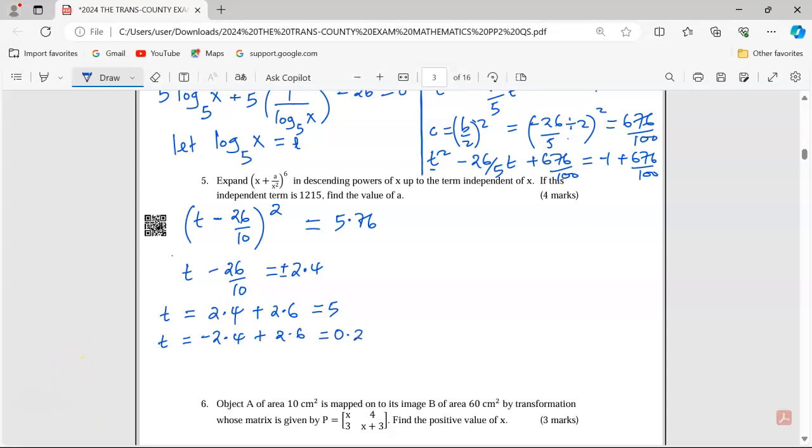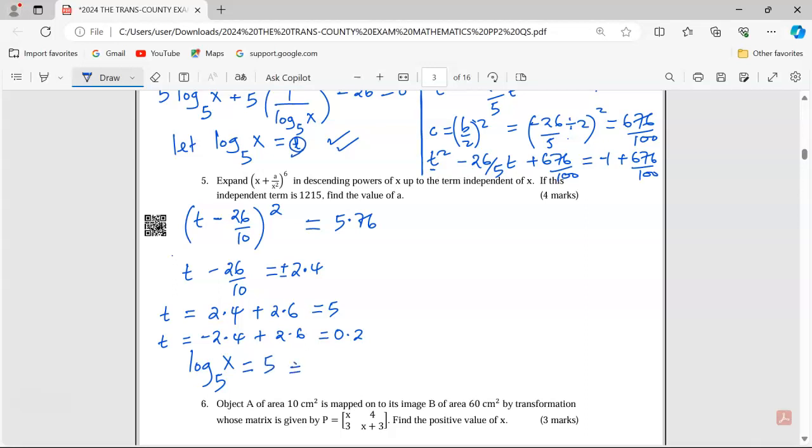So with this now, we can find the exact value of x by going back to our equation. There is a time we let the log of x to base 5 be t. So I'll be saying now the log of x to base 5 equals the value of t already calculated as 5.